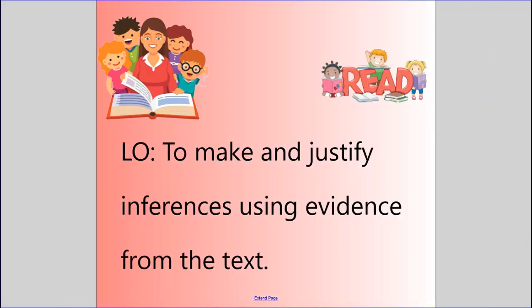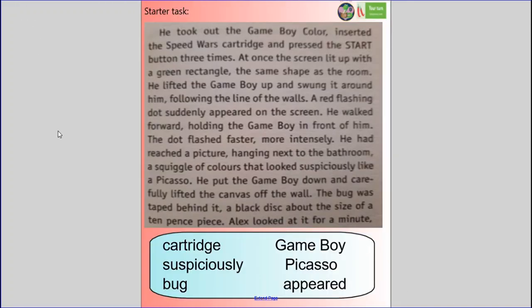Our learning objective for today is to make and justify inferences using evidence from the text. This is your starter task for today, and this is a retrieval starter task. We do this quite a lot in school where we give you a section of the text like I've done here, and we've got some words that we'd like you to find in the text.